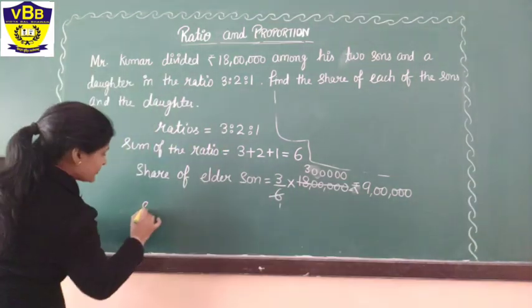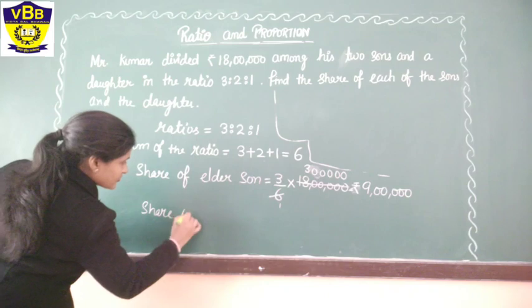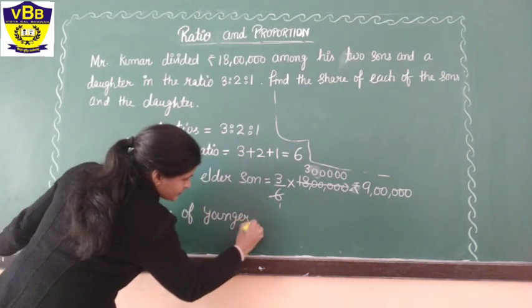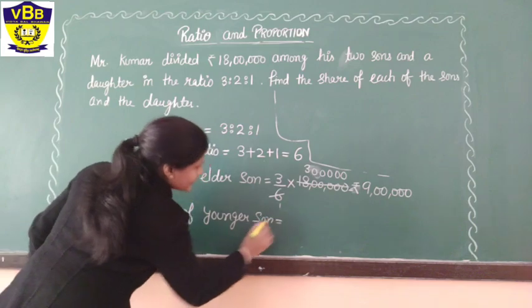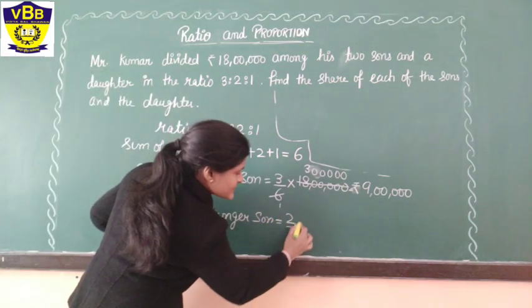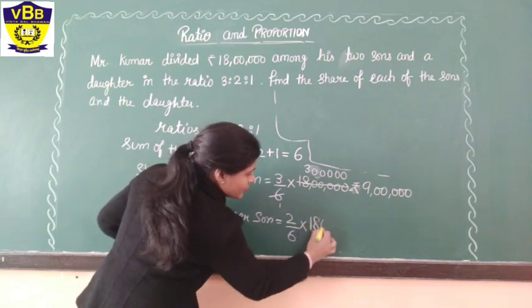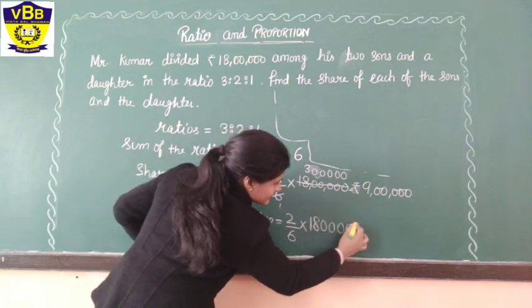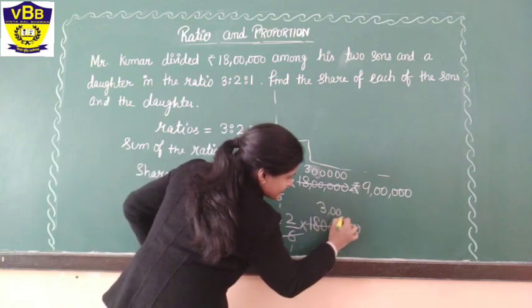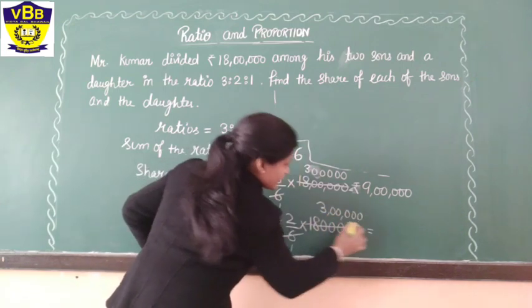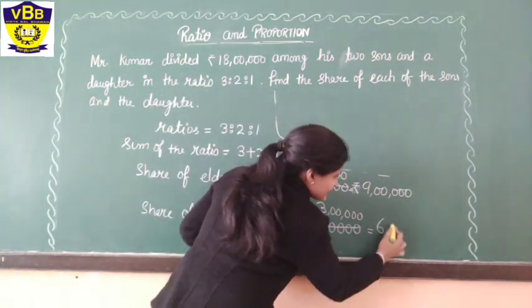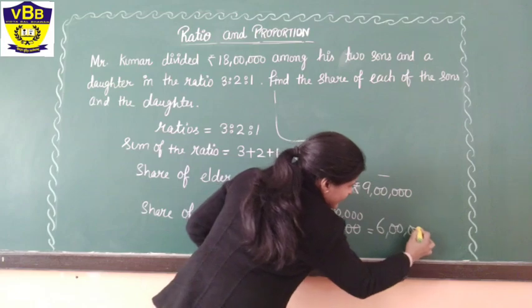Share of the younger son is equal to 2 upon the sum of the ratio 6, into 18 lakh. So divide 18 by 6, 3 lakh, 3 twos are 6. So it is 6 lakh.